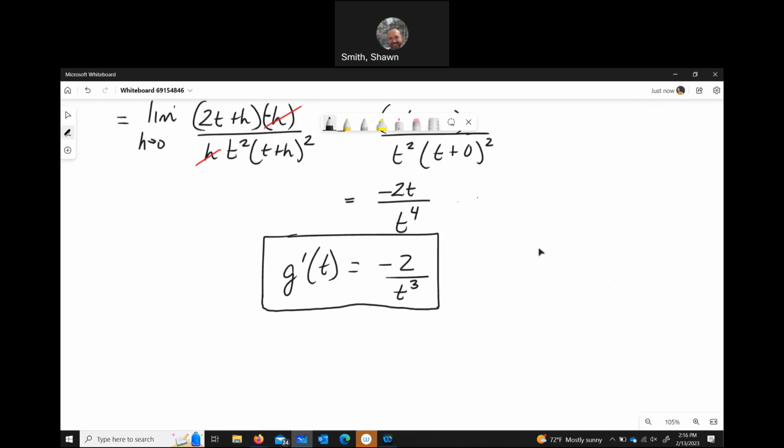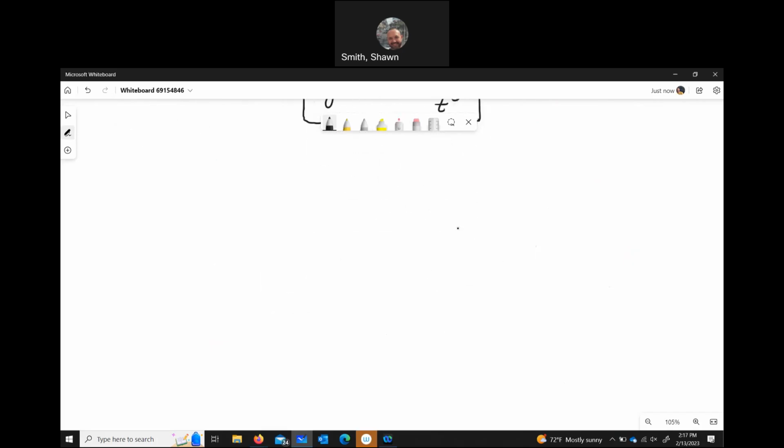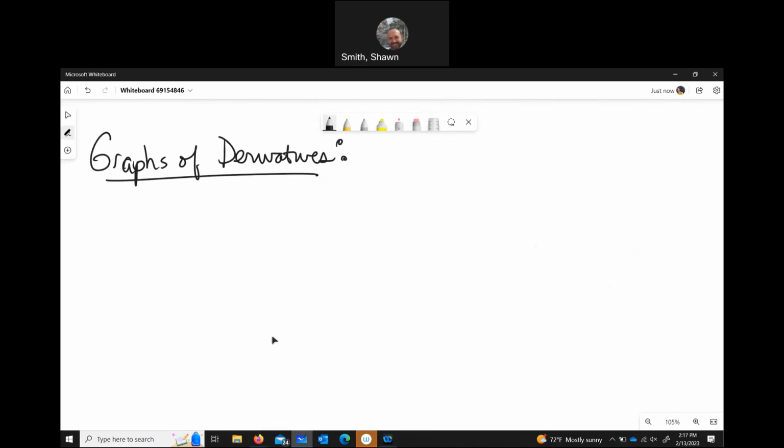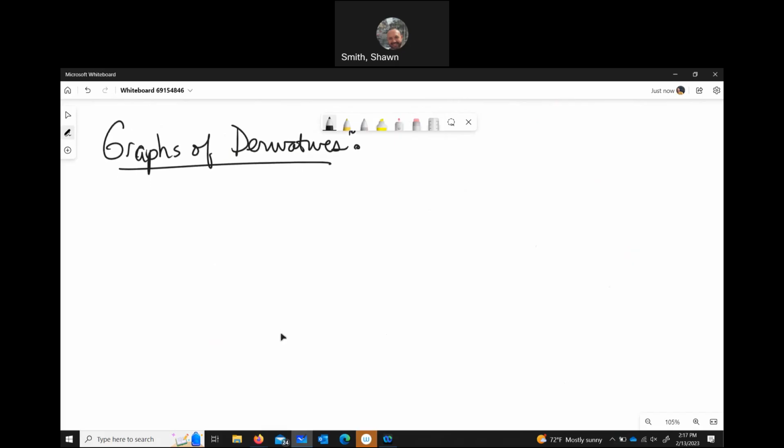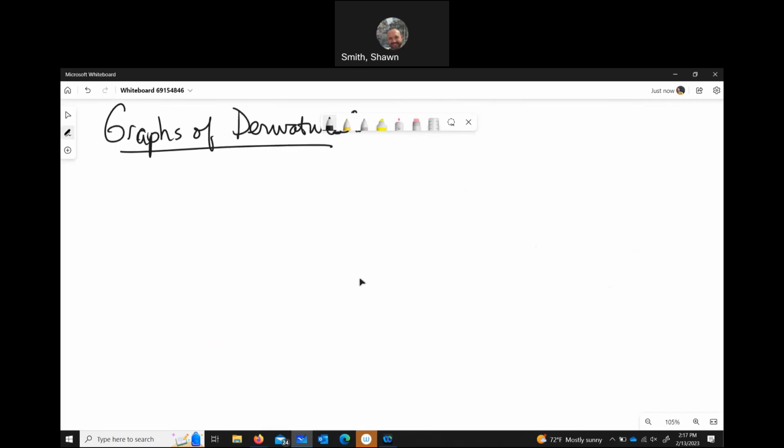All right, let's look at the graphs of derivatives. Let's say we have a function that looks like this. It's a piecewise defined function along some interval of x.